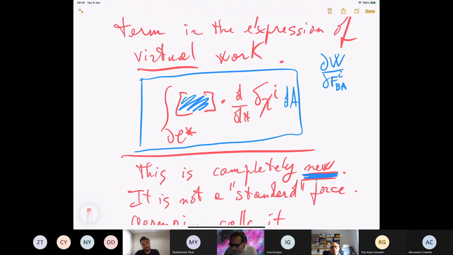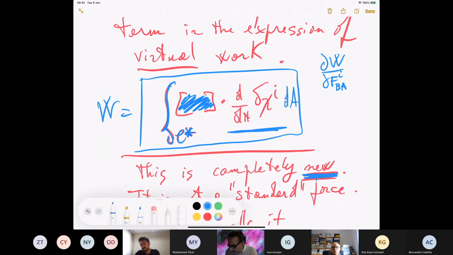We have a work which depends on the integral on the boundary of C star of something times the normal derivative of delta K_i. Okay? So you have a work.